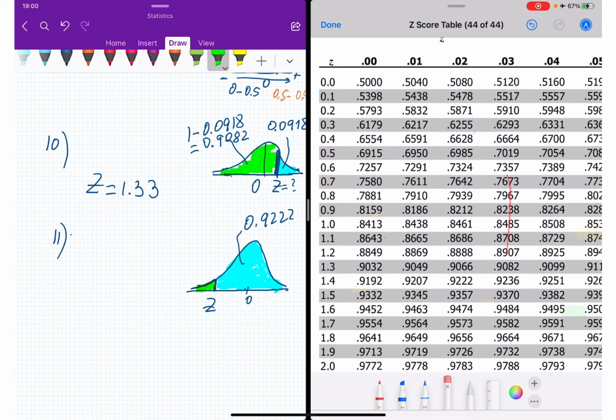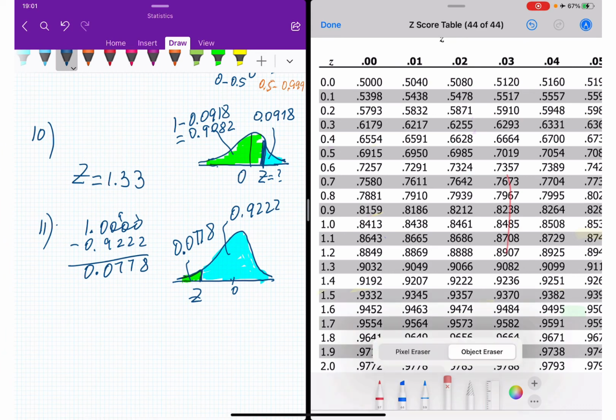So we are going to do 1 minus 0.9222. 10 minus 2 is 8, 9 minus 2 is 7, 9 minus 2 is 7, 9 minus 9 is 0, and we get 0.0778, which means this area is 0.0778.